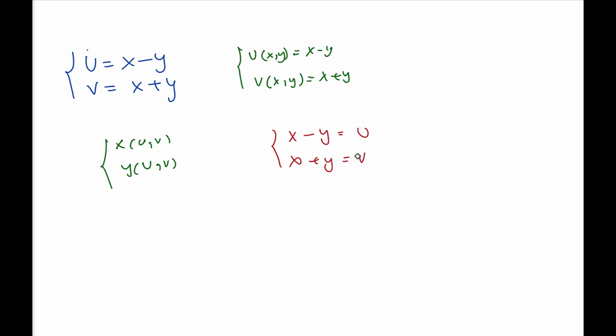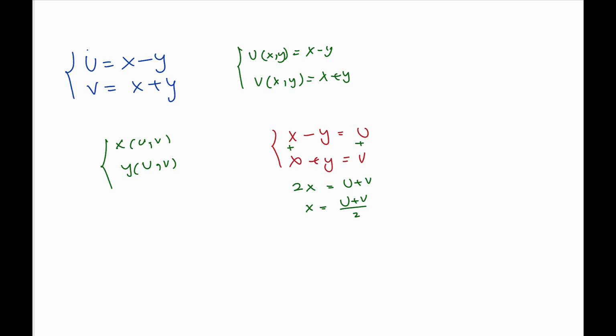Here you have some other parameters, but it doesn't make it any different from solving any linear system. So what I do for linear systems like this is I add the left-hand sides together and the right-hand sides together to eliminate y. And so by adding, I get 2x is equal to u plus v. And therefore x is equal to (u plus v) divided by 2.